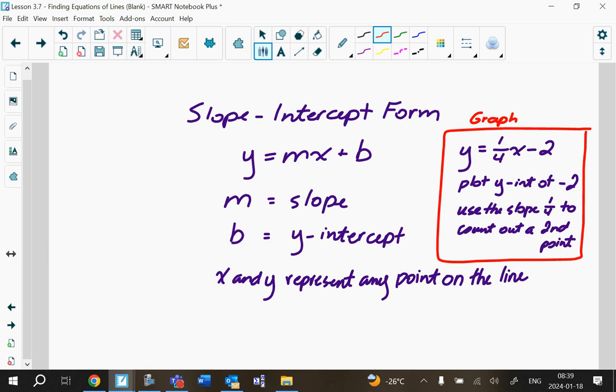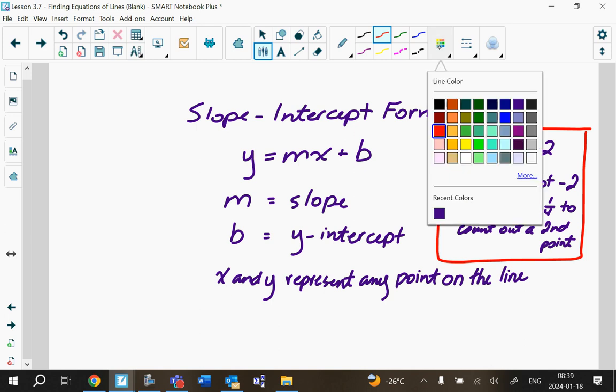But not only can you use this to graph, you can use it to write equations of lines. Okay? I'll wait till everybody gets this down. So how would we do that? Well, actually I can still write it here.